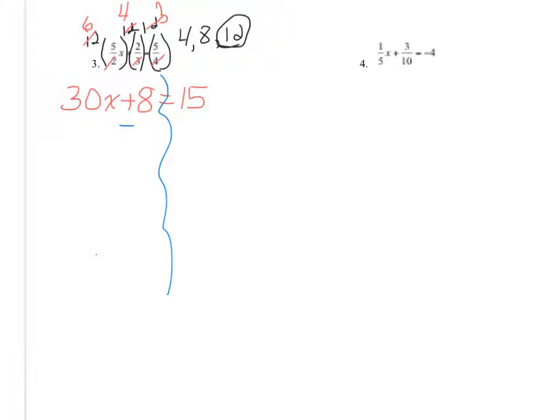So minus 8, minus 8, bring down 30x, equals 15 minus 8 is 7.